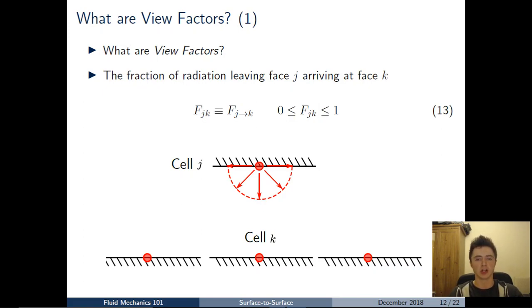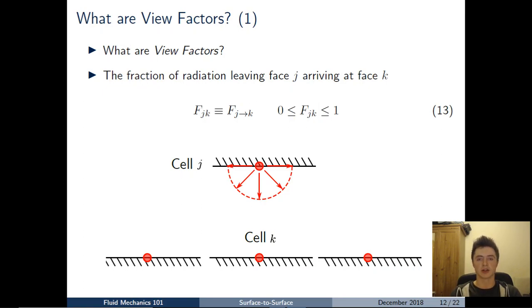So sometimes you may see the form given in equation 13 where there's an arrow going from J to K to remind you that the radiation here is leaving J and it's arriving at face K. And of course this is a fraction, so it's going to be somewhere between 0 and 1. And what I've got for you there in the diagram is to remind you that if we have cell J there at the top, which is another cell in the mesh we haven't considered, and then we've got cell K at the bottom, which is our cell that we're interested in.